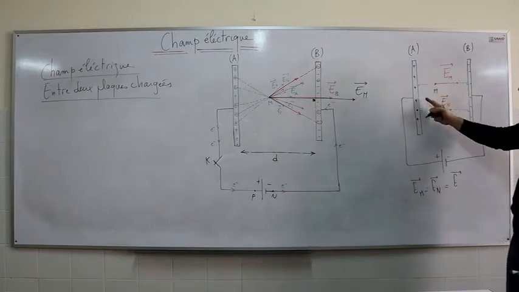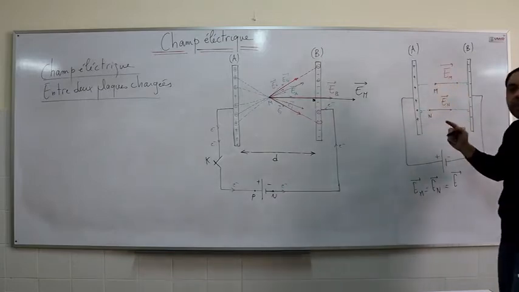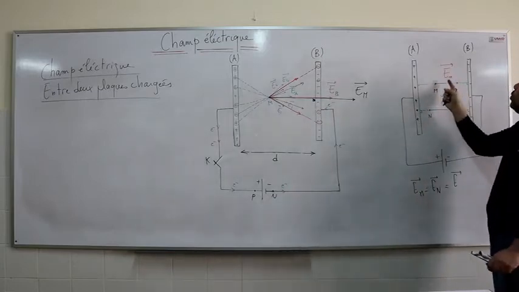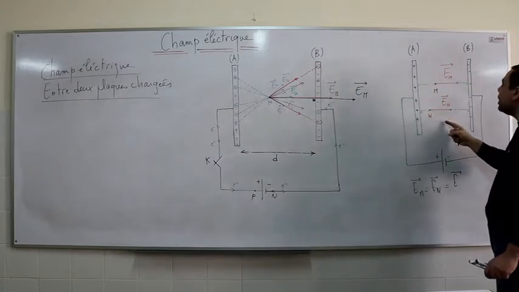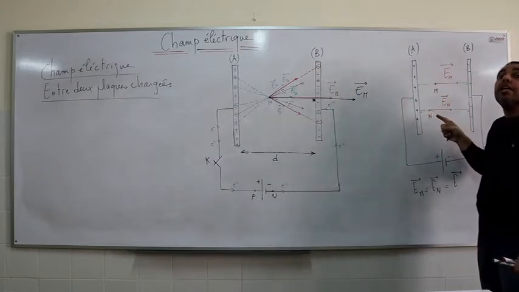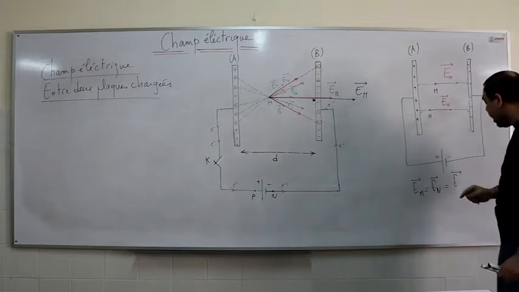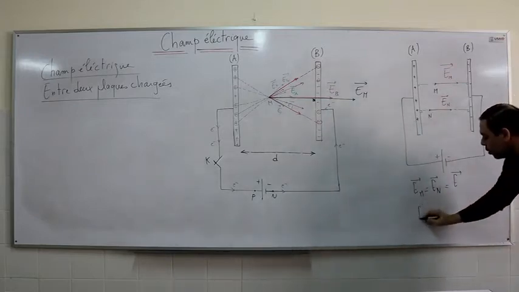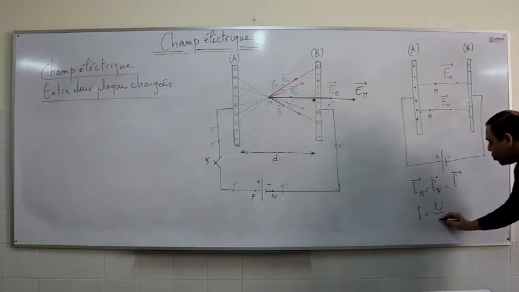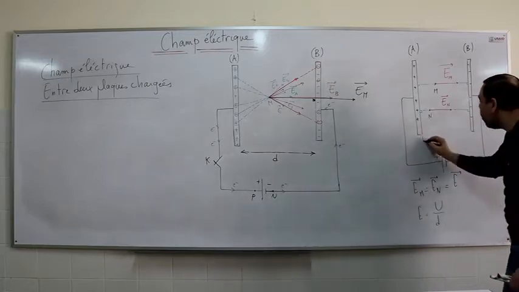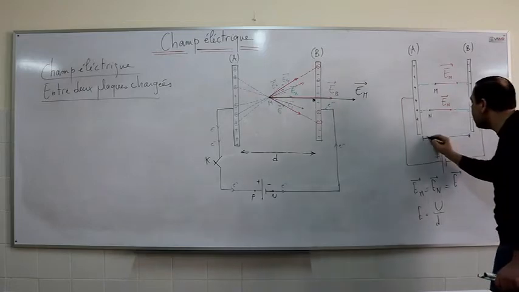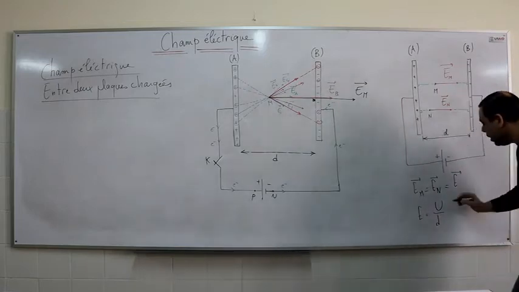The electric field here is uniform, since all the electric field vectors are identical and their magnitudes are equal. They are equal to U over d, where d is the distance separating the plates.